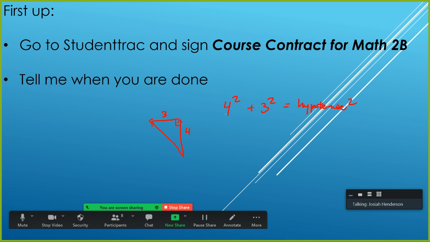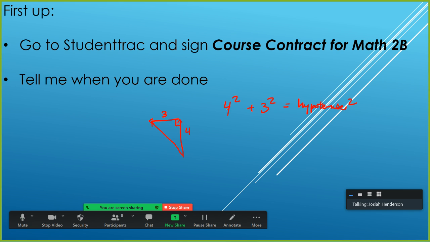So now 4 times 4 and then 3 times 3. Can you try those and tell me what you get? Remember, everybody, squared, this little 2 symbol, means the number below multiplied by itself.